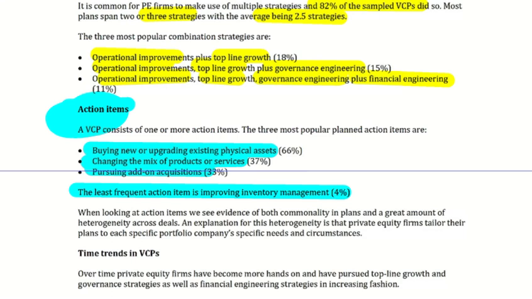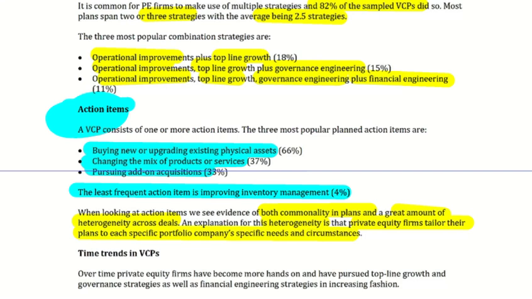Okay, when looking at action items, there's evidence of both commonality in plans and a great amount of heterogeneity. Hetero means different, okay, and what that tends to show us, specifically in terms of the heterogeneity component, is that private equity firms tailor their plans to each specific company.